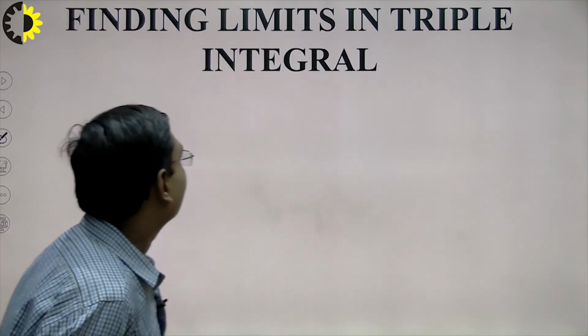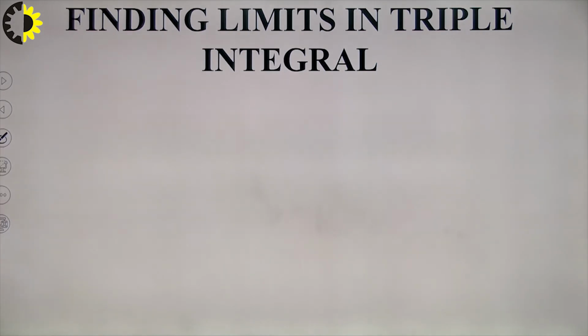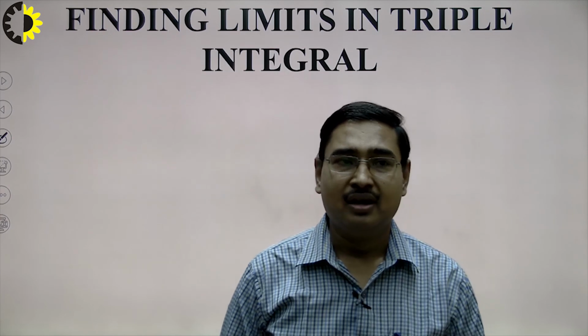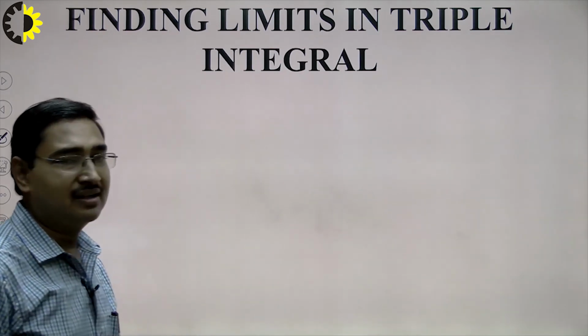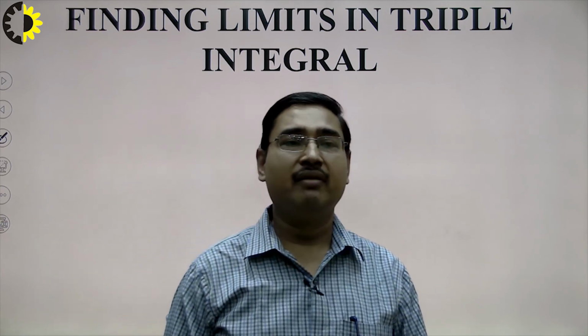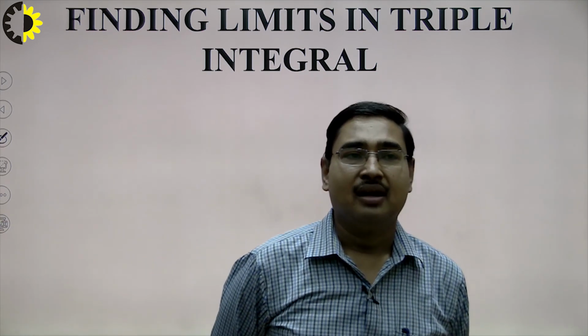In the next lecture, we will discuss how to find limits of a triple integral. So far the limits were given. In the coming lecture, we will understand that if limits of a triple integral are not given, then how we can find those limits and how to evaluate a triple integral after that.